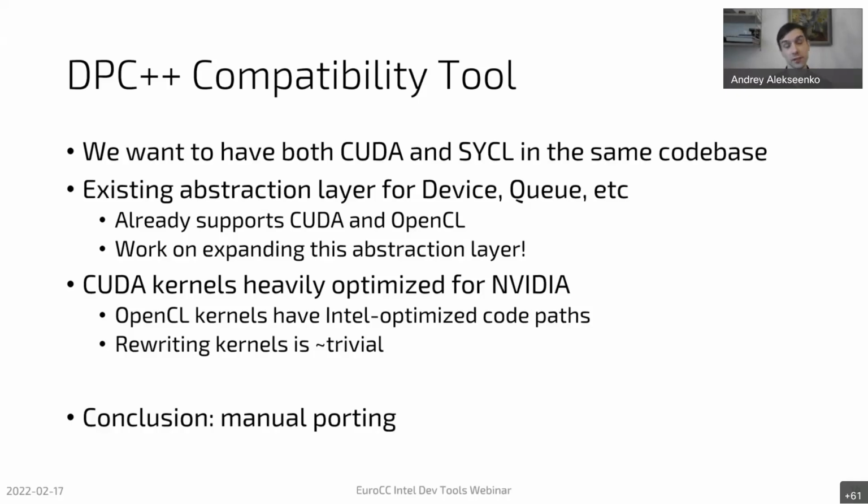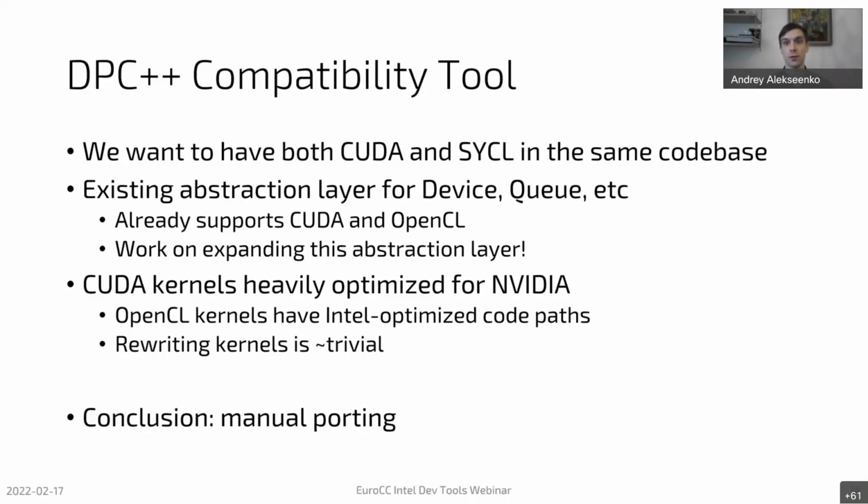And after considering all the things, we decided that manual porting without the use of the DPC++ compatibility tool is the way to go. The tool can be nice, can help porting simple kernels, which don't have much GPU-specific optimizations. But in this case, manually rewriting this kernel is also not a huge undertaking.